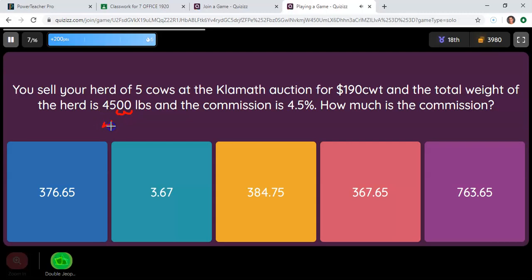So now we know we have 45 CWT. And our selling price is $190 per CWT. So we're going to multiply 45 times 190. And if you're doing this as you watch, you would calculate $8,550.